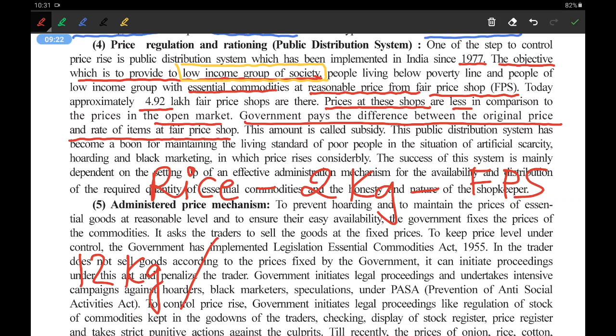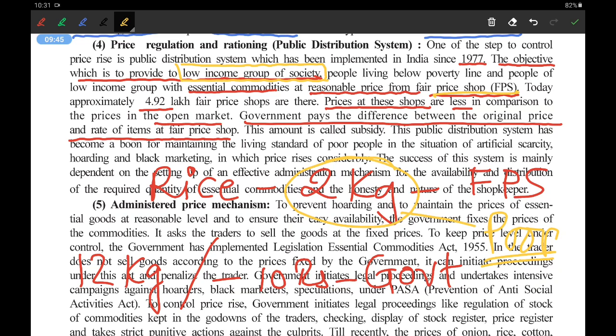So the government will pay 10 rupees out of its own pocket to provide this rice at 2 rupees per kg to the poor people. In this way the fair price shops work.